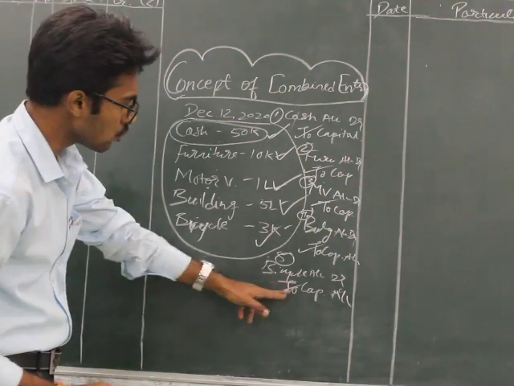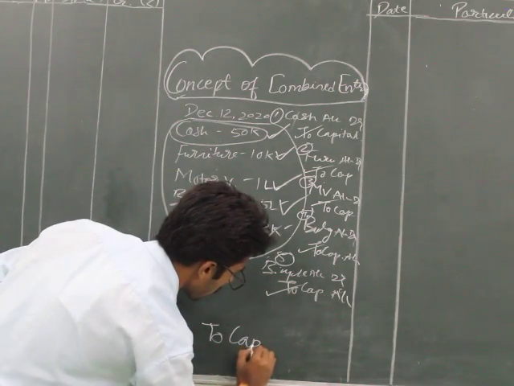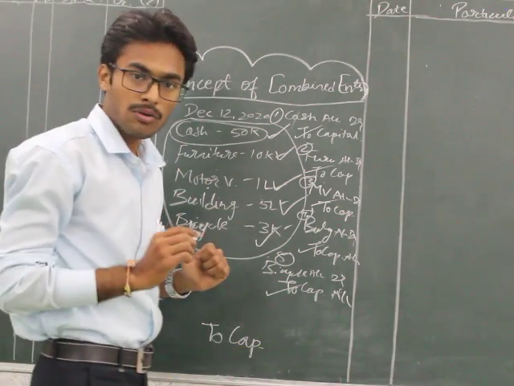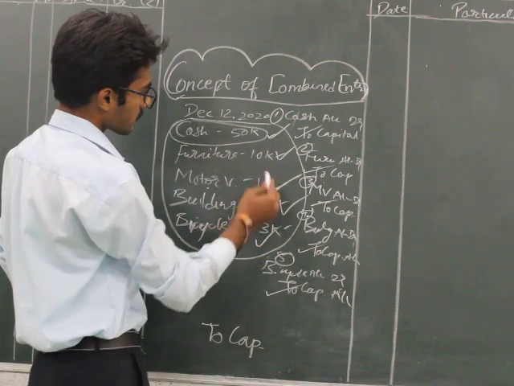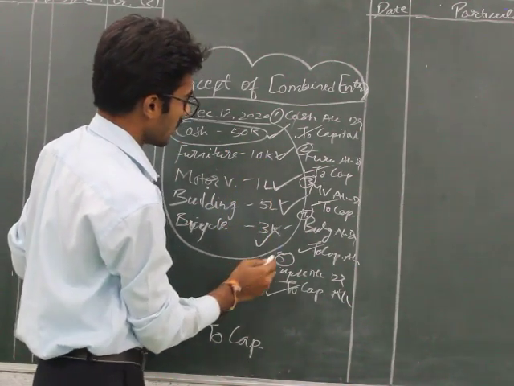So capital account will be credited, but at what amount? The amounts are 50k, 10k, 1 lakh, 5 lakh, 3k.